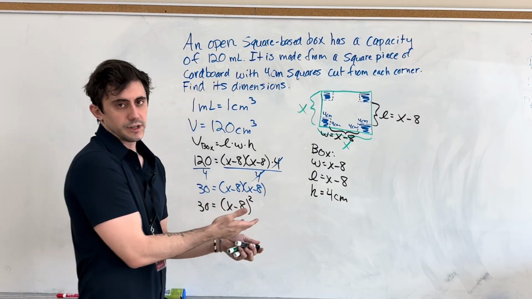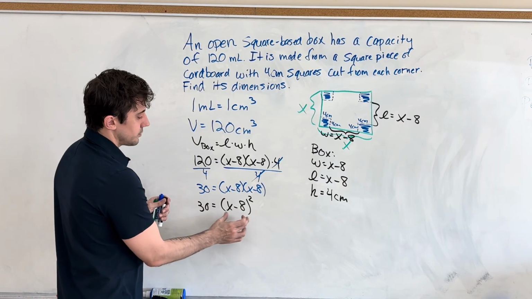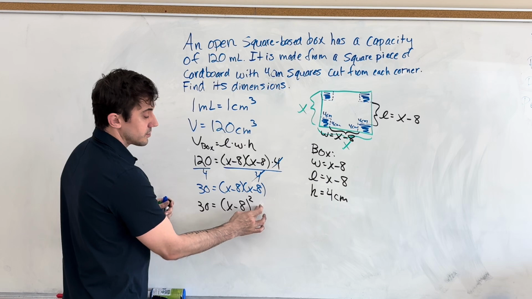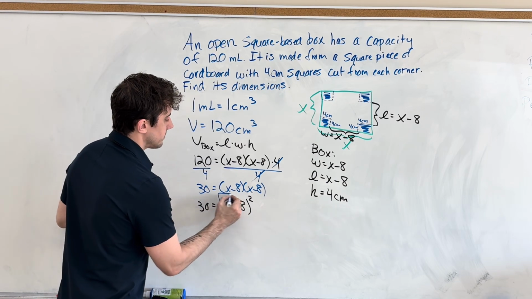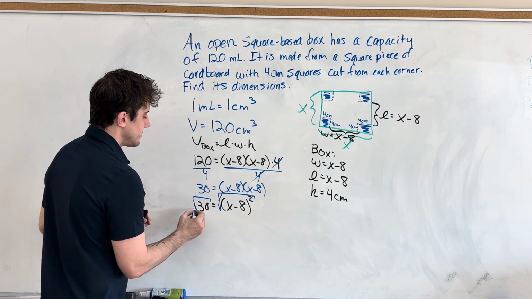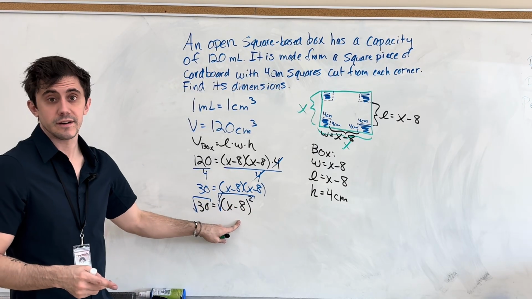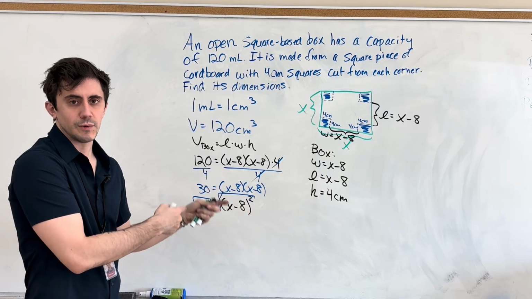This will be a bit more convenient to solve algebraically, because since 30 is equal to X minus 8 as a binomial all squared, right away, we can take the square root of both sides. And this is kind of like completing the square without actually having to go through completing the square from the equation in standard form.